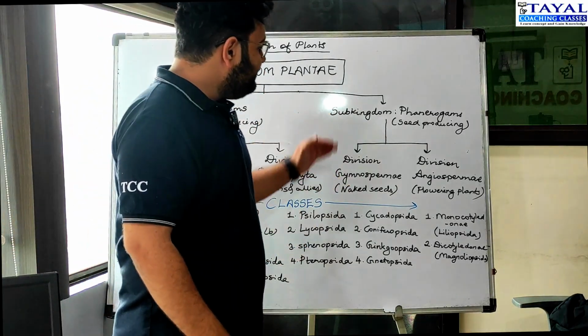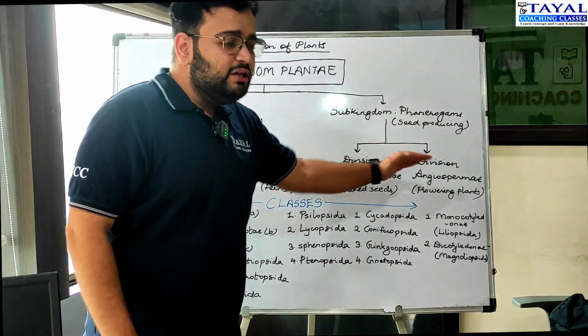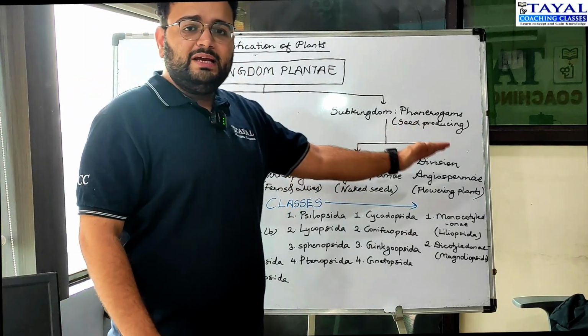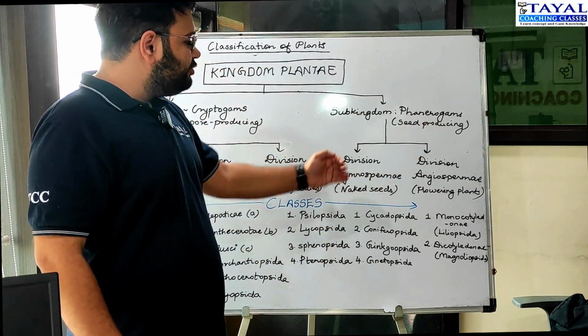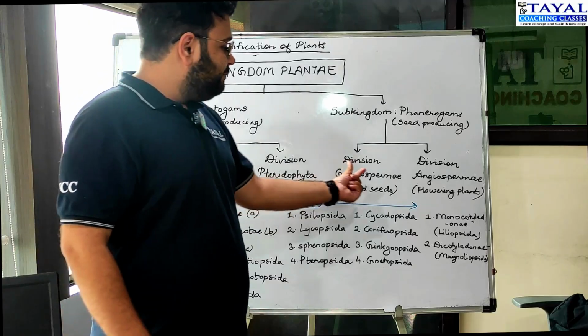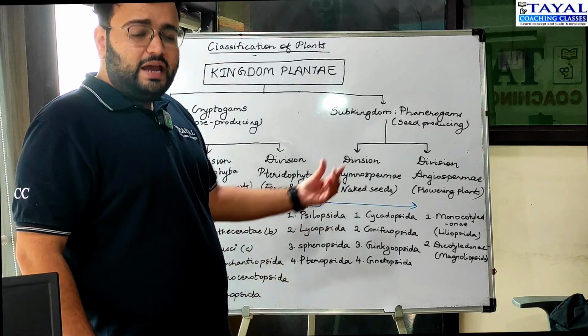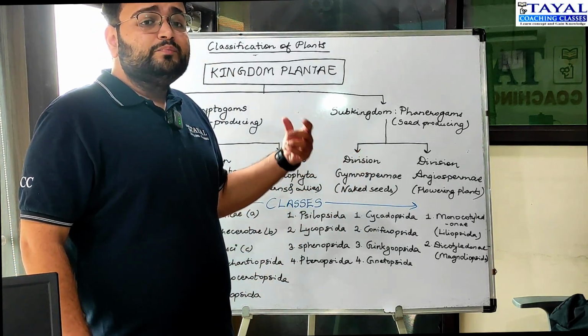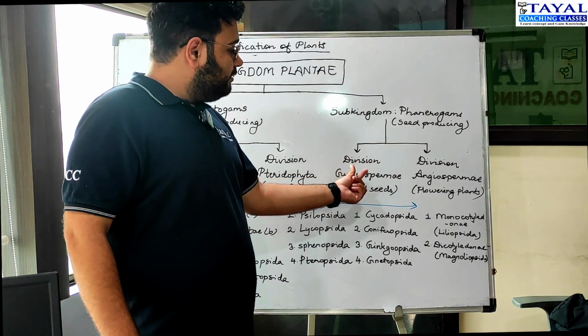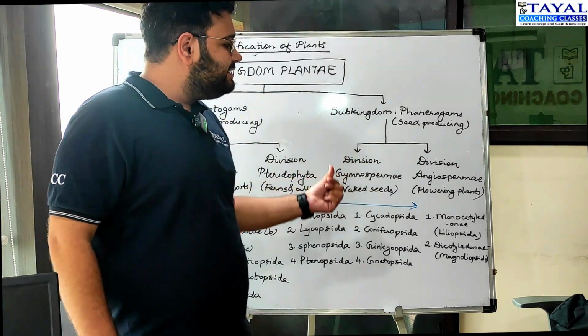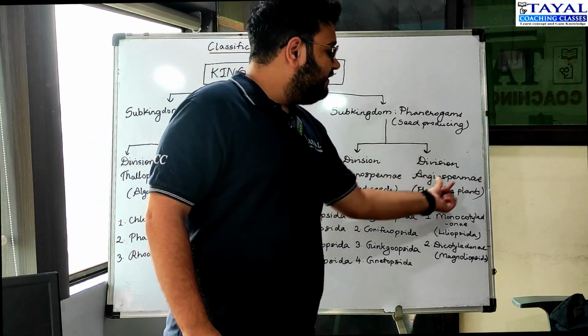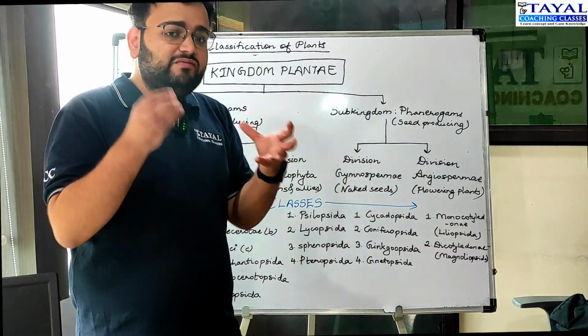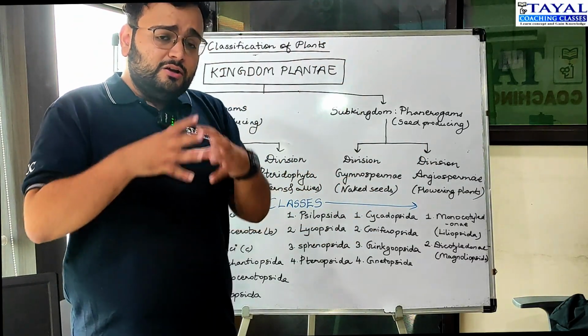Then in the phanerogams, you have only 2 divisions, Gymnospermae and Angiospermae. In the Gymnospermae, gymno means naked, spermae means seed. So they have naked seeds, and Angiospermae are flowering plants because they have their seeds enclosed inside the fruit.